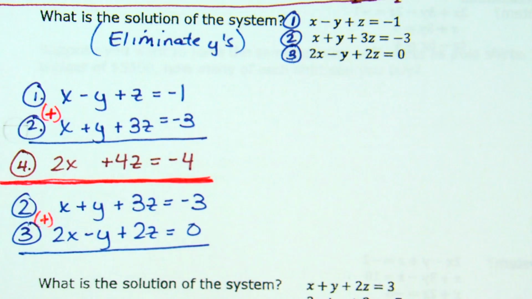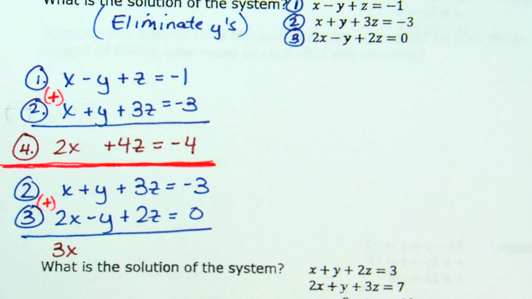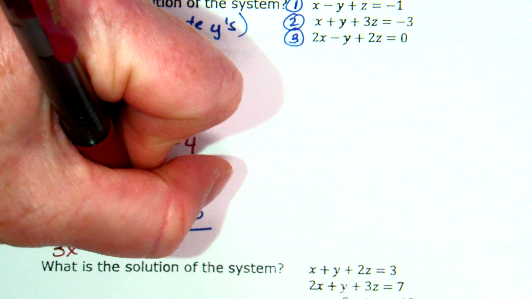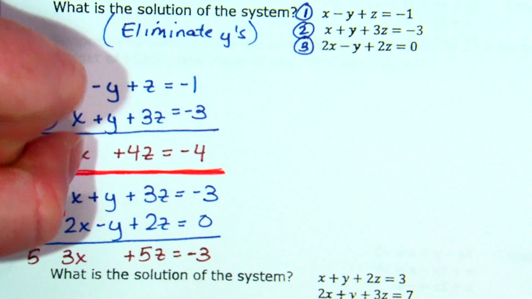Again, my y's are plus y minus y, so I'm going to add. x plus 2x, y plus negative y cancels, 3z plus 2z, carry down my equal sign, negative 3 plus 0, negative 3. So my equation just became 3x plus 5z equals negative 3, and I am calling this equation 5.